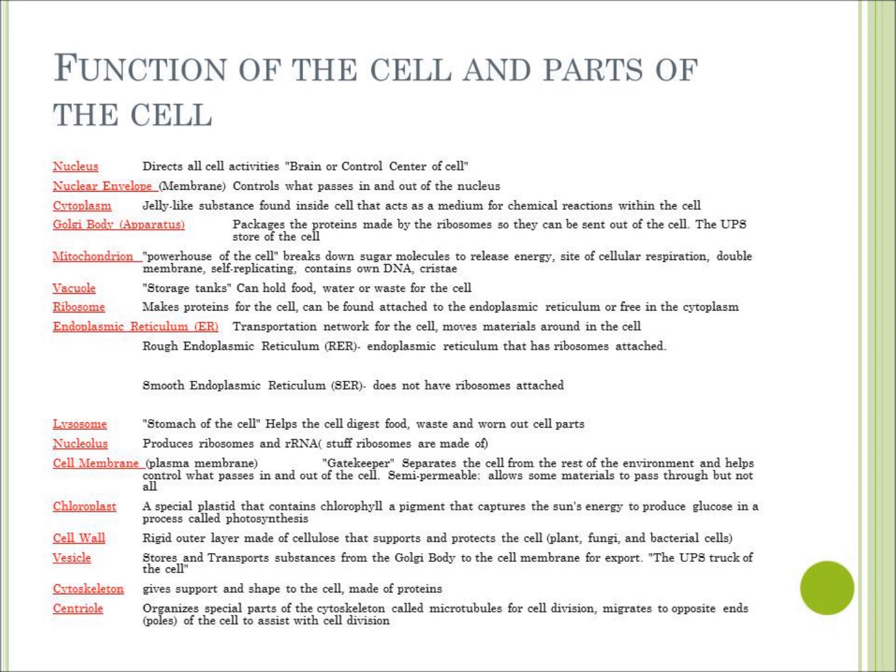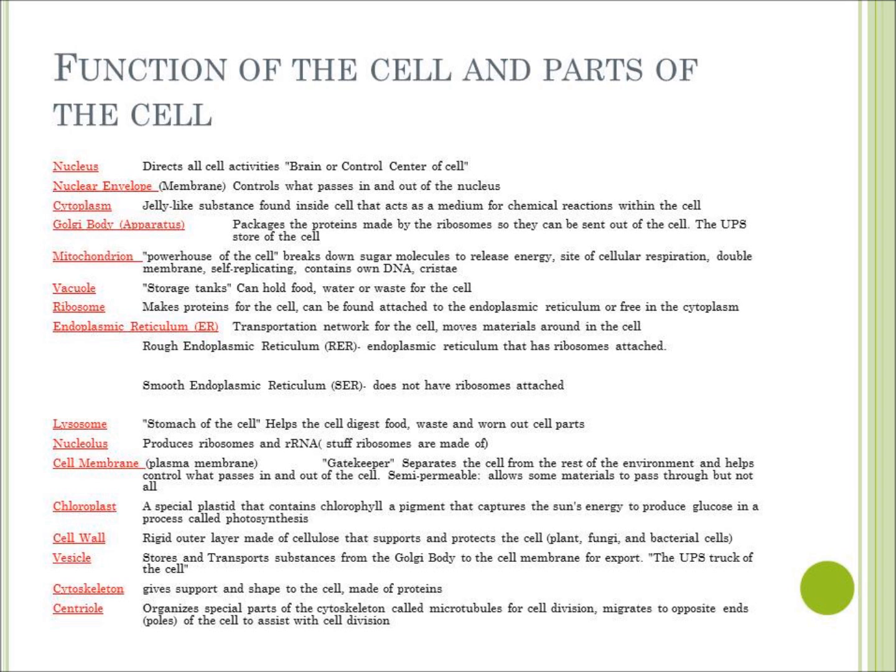The cell membrane, or the plasma membrane, is the gatekeeper. It separates the cell from the rest of the environment and helps control what passes in and out of the cell. It is semi-permeable, allows some materials to pass through, but not all.